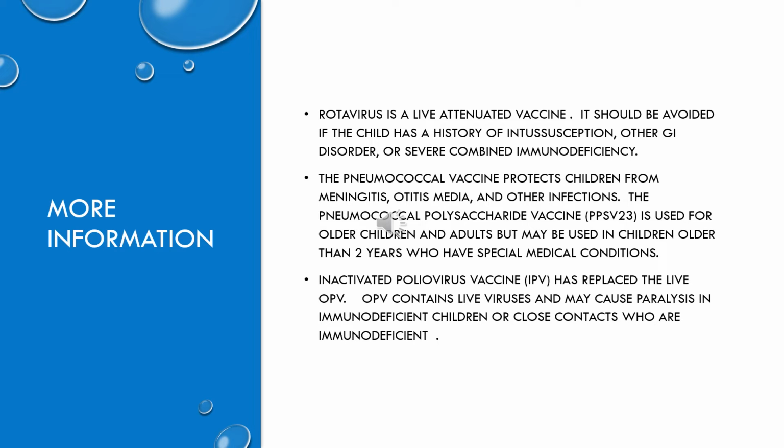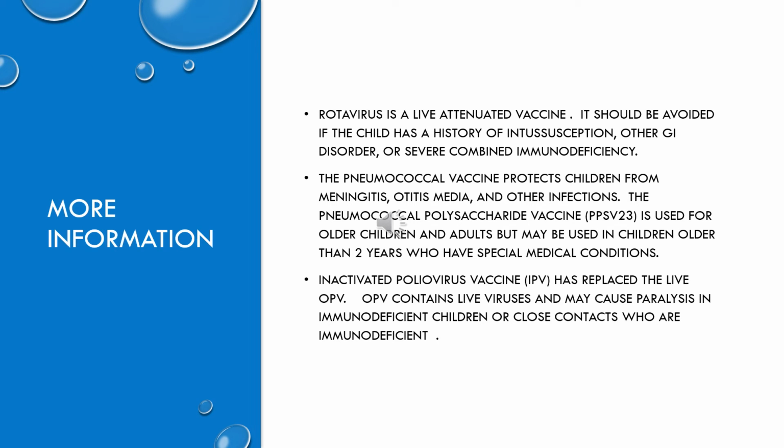Inactivated poliovirus vaccine has replaced the OPV, which was that oral polio that we all got to take. They used to put that on a sugar cube when I was young. Showing my age there. The OPV, I should say, contained a live virus, which could lead the person to develop disease and therefore could cause some paralysis in immunodeficient children, because they would contract it but not have enough immune response to have just a minor case.